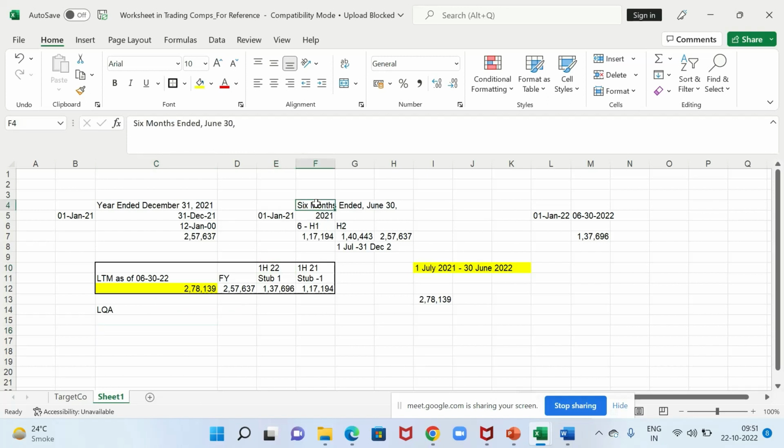Suppose instead of June it is August. Hypothetically, five months of the previous quarter we will take, and for this month, so 7 months we will take. This will also be August in that case. If this is 6 months, what will this be?